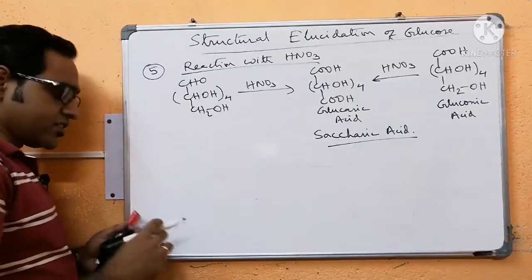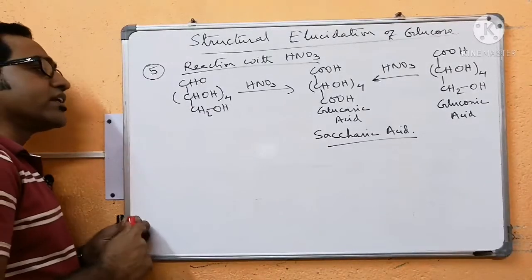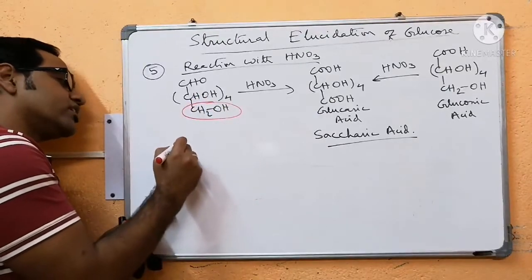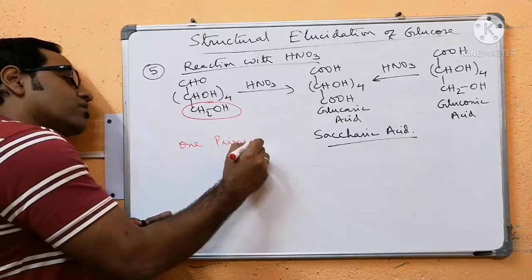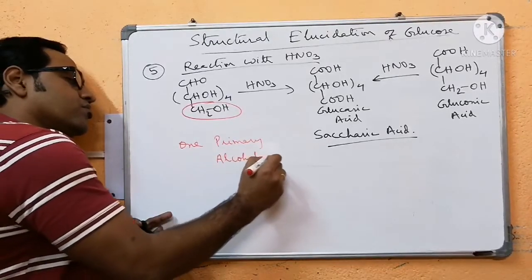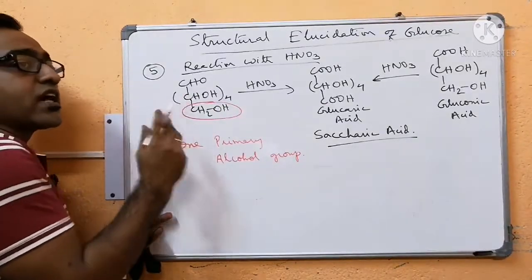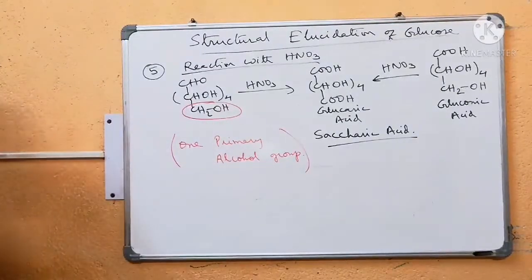This reaction suggests that glucose contains one primary alcohol group. The rest of the other alcohols are secondary. There is only one primary alcohol. This is suggested by this reaction.